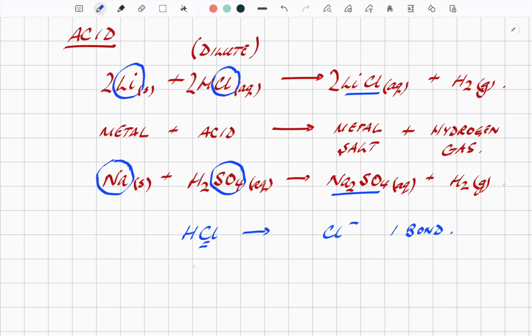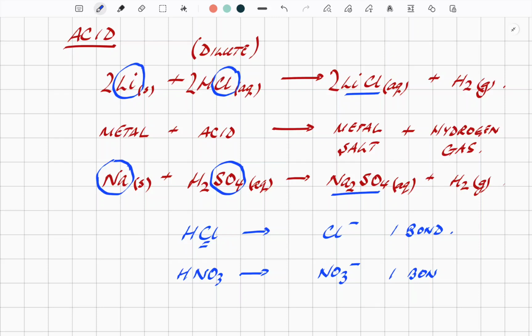All right? If I have another one, this one wasn't in your notes, but nitric acid, all right? Then the ion from that forms the salt, is NO3 minus. Okay, you are expected to know these. All right.